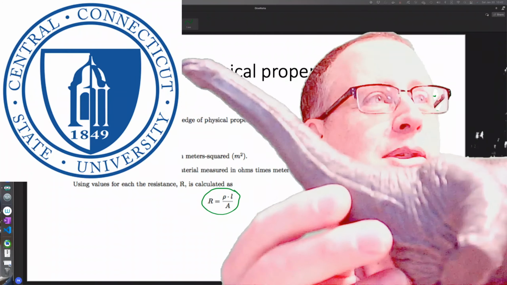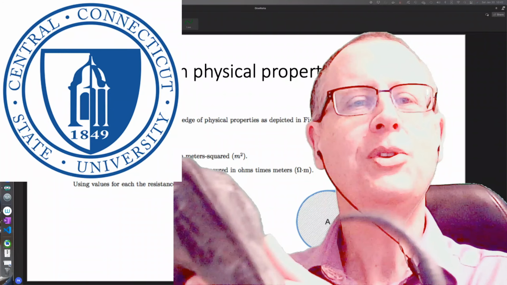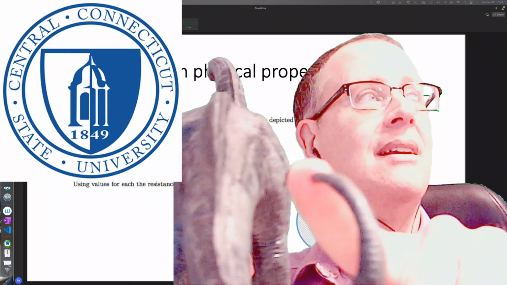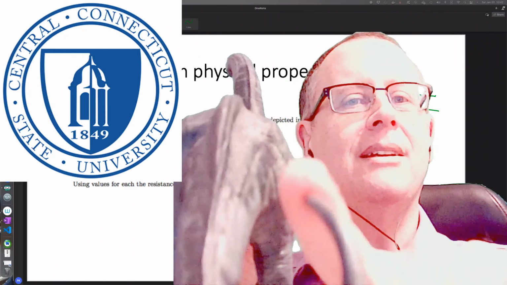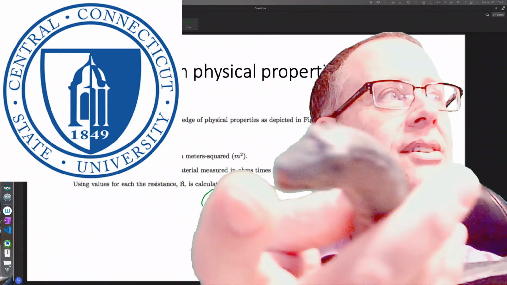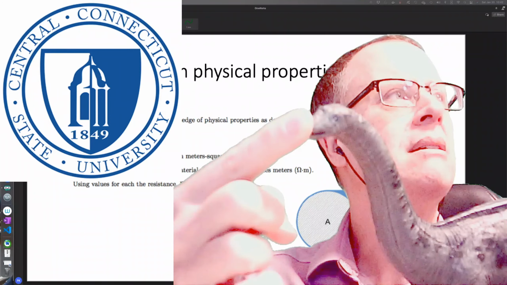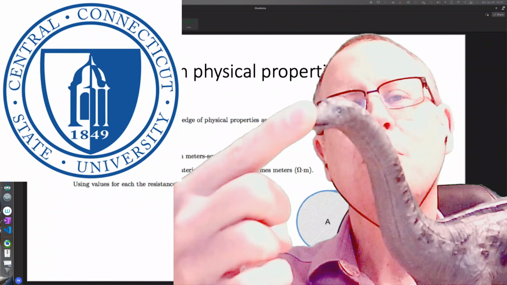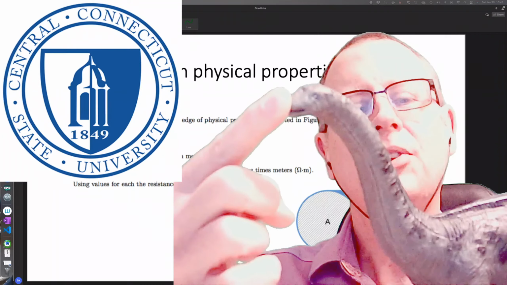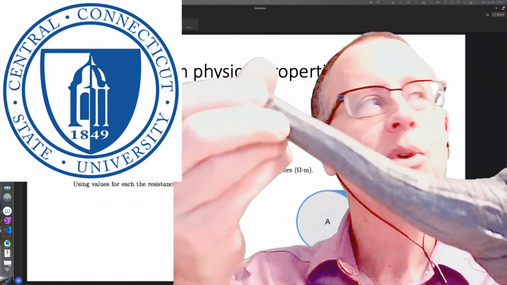But what I want you to think about, the reason I have this silly toy out, is, if I stuck a meter between here, the tip of his tail, and here, the tip of his nose, what would the resistance of this Apatosaurus be?